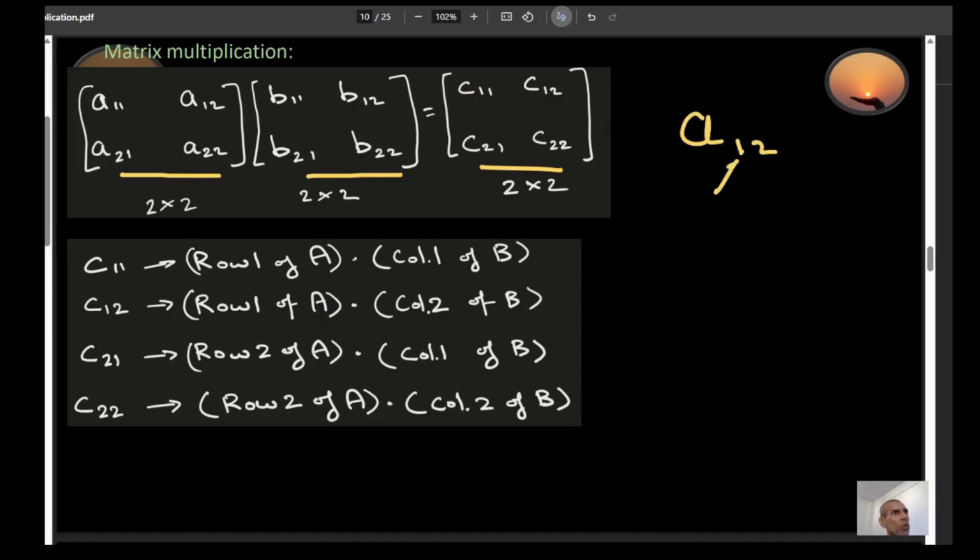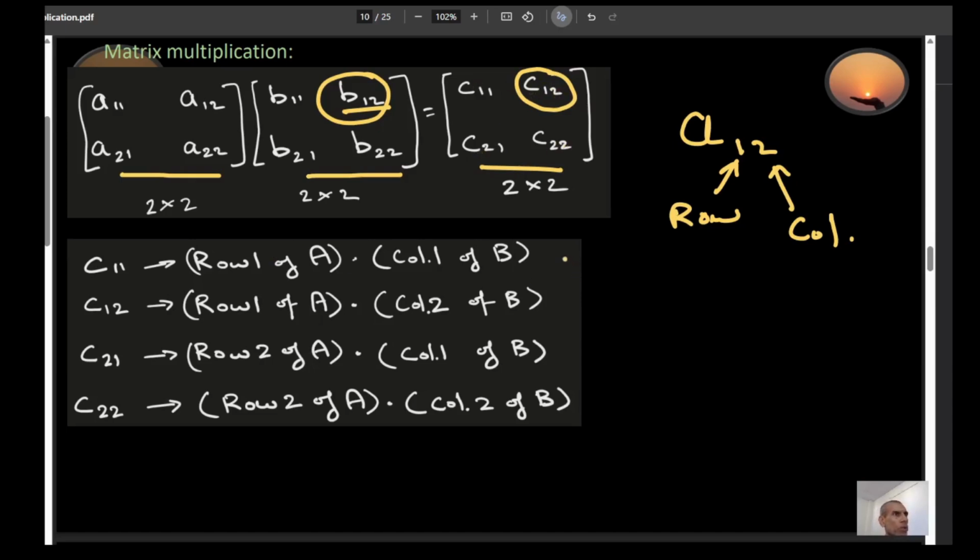This one refers to the row number. And this one right here would refer to your column number. So this one right here is telling me that this element is in row 1 and column 2. So this one is telling me that this is C, and this C is for row 1 and column 2. So how do you find this C11, C12, C21, C22?